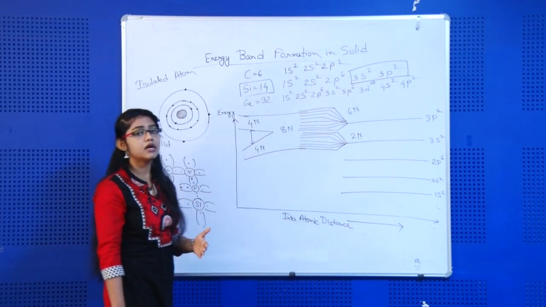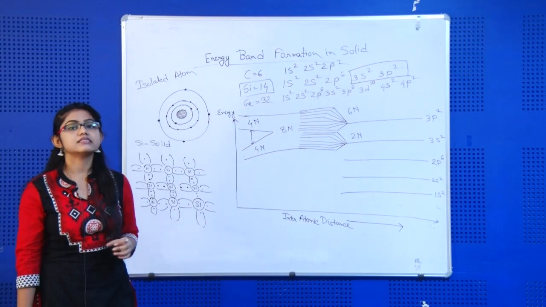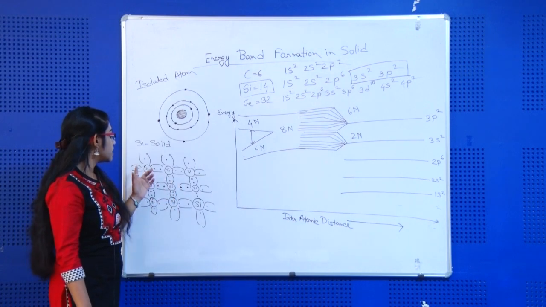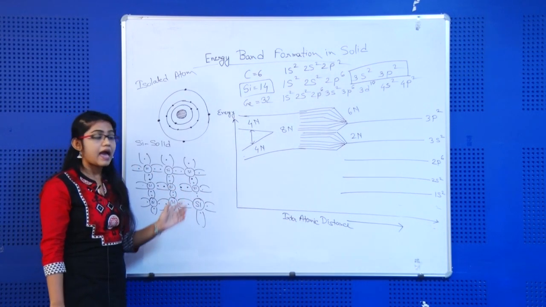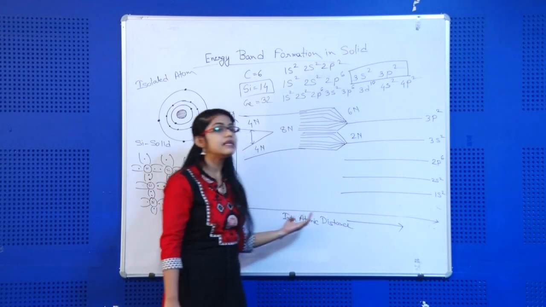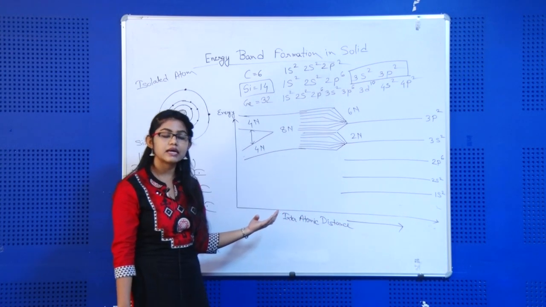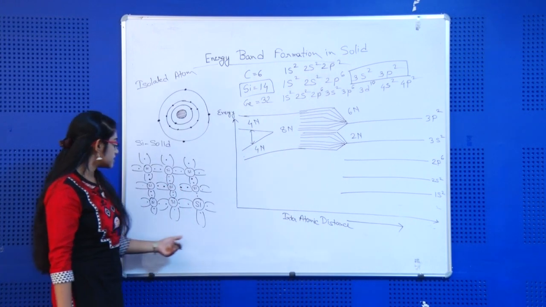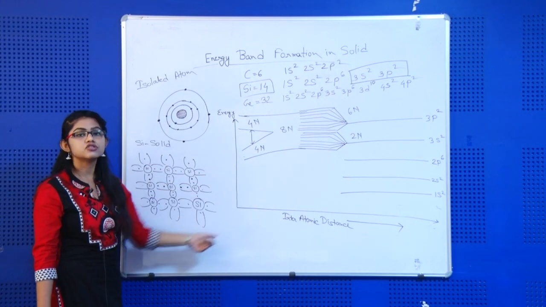But what happens when we consider the energy distribution of electrons in solid? Because in solid there will be a large number of atoms and the interatomic distance is very small. So suppose this is the structure of silicon solid.